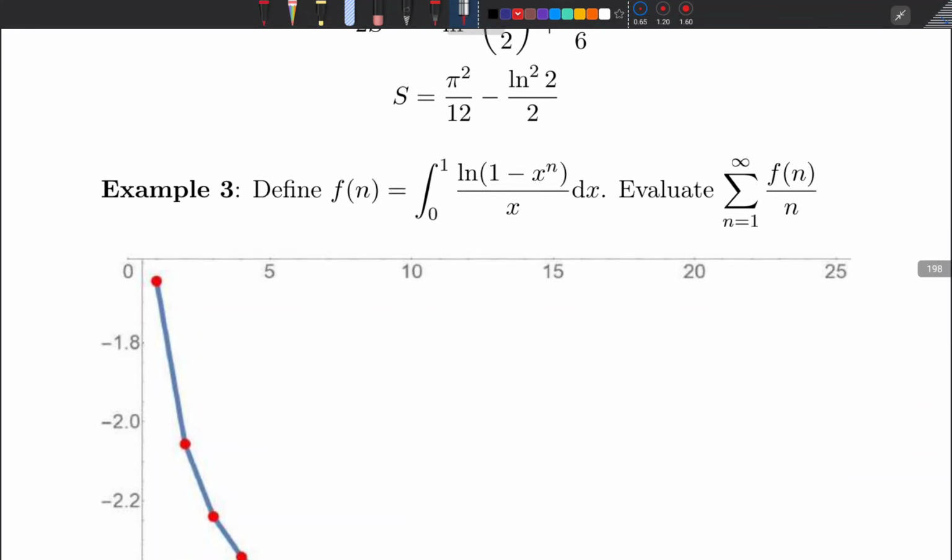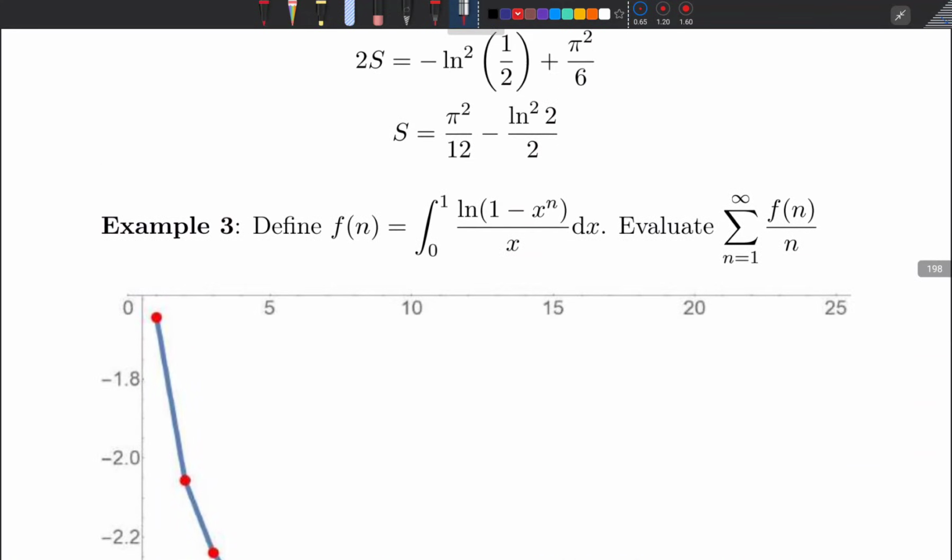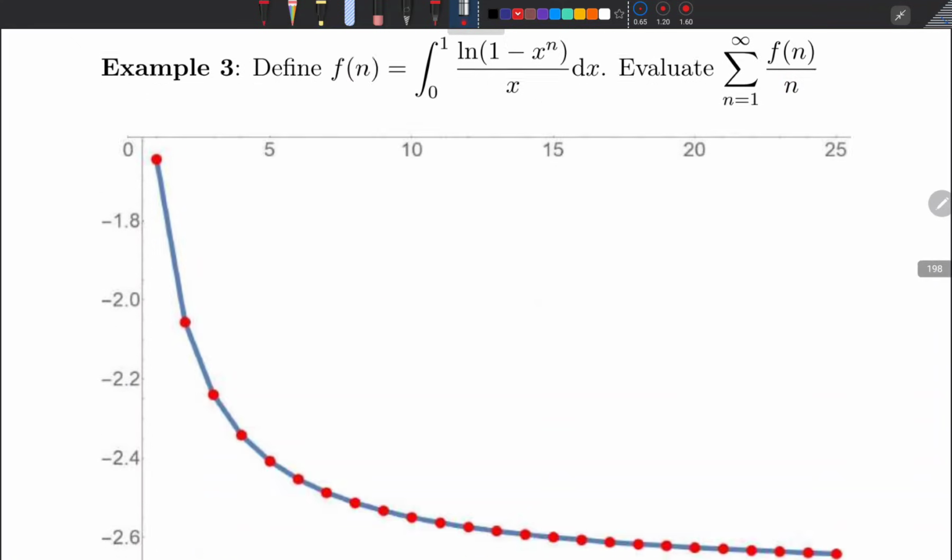That's amazingly amazing, guys, literally. And just take a look at this question as well. We have an example question: f of n as the integral from 0 to 1 of natural logarithm of 1 minus x to the n over x dx, right? And what we have to do is evaluate this sum, that is the sum as n goes from 0 to infinity of f of n over n.